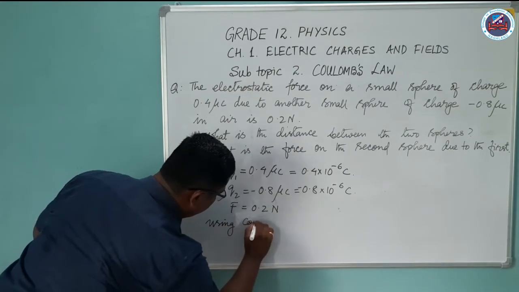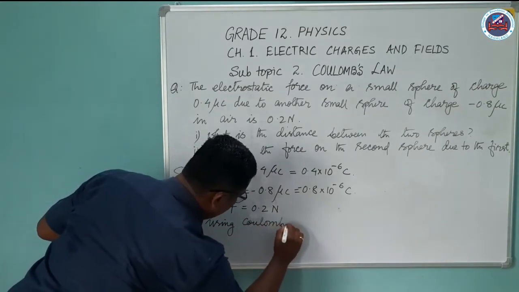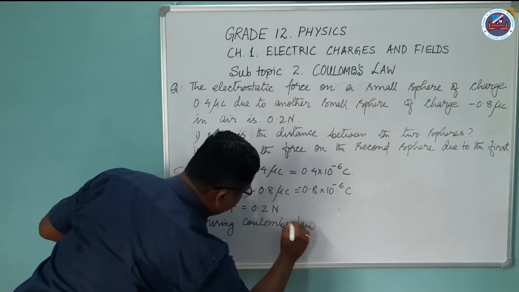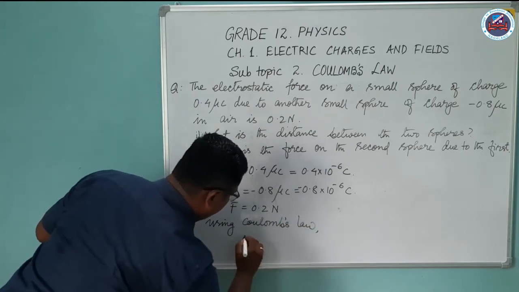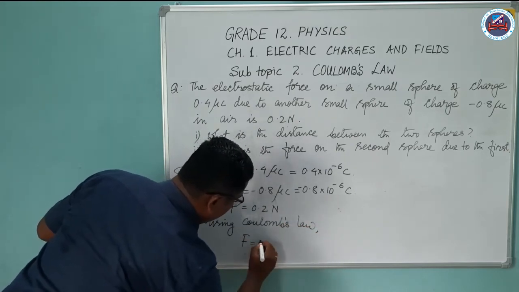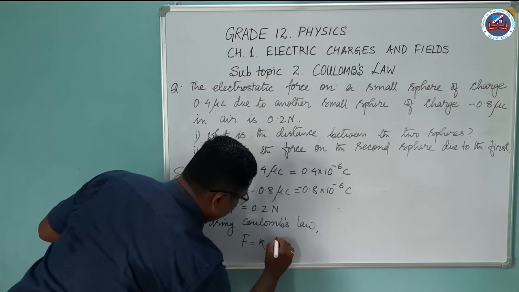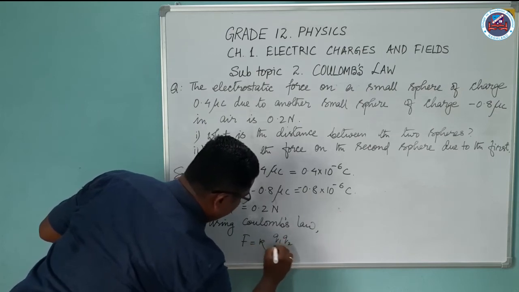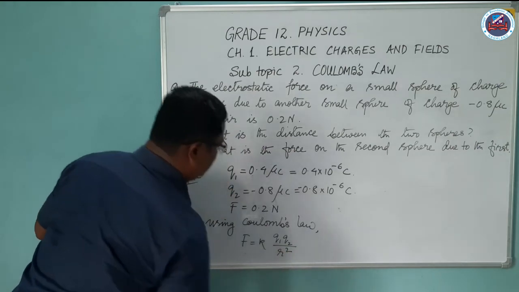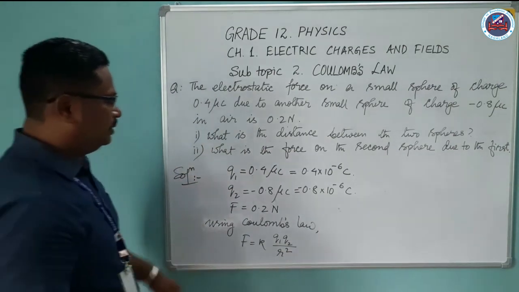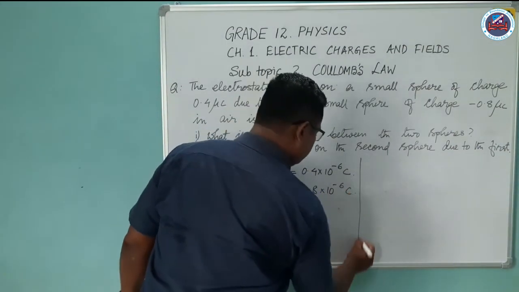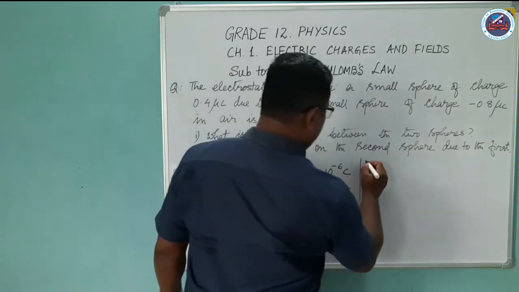Using Coulomb's law, F is equal to small letter k, Q1 Q2 divided by R square. You can write the formula like this. After you write the formula, you can place the values.